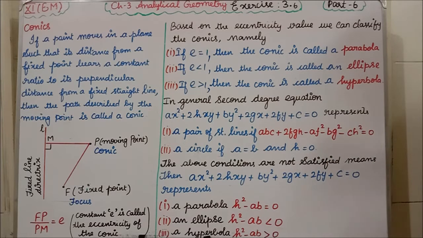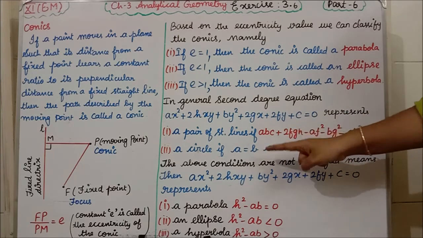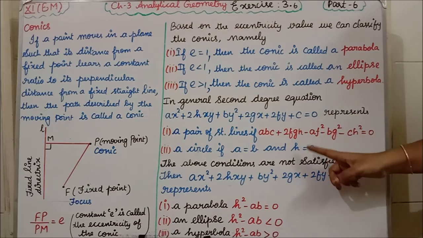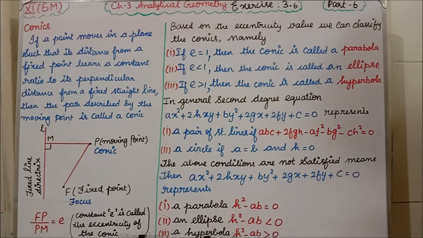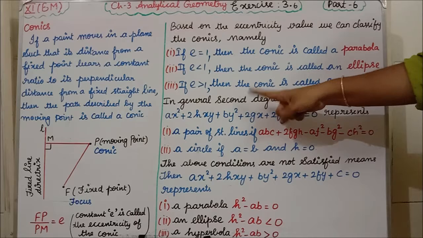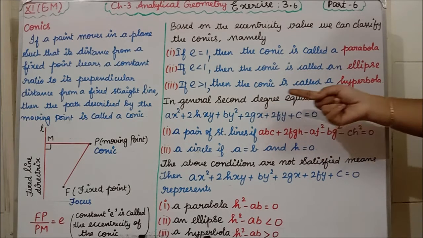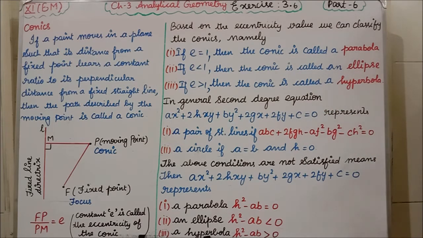A equal to B, which is nothing but coefficient of x square equal to coefficient of y square. And also h is equal to 0. So x square plus y square plus 2gx plus 2fy plus c equal to 0. That is the general equation of the circle.